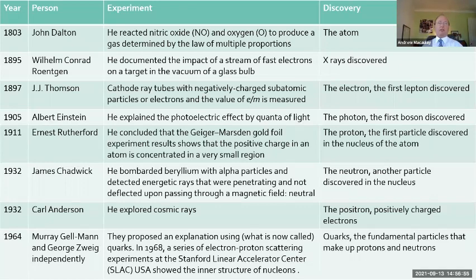Going right back to John Dalton, he had an assumption that atoms were indivisible, but he also then came up with the law of multiple proportions, which is used heavily in chemistry. His experiment that actually supported that was reacting nitric oxide and oxygen to produce a gas that was consistent with the law of multiple proportions.